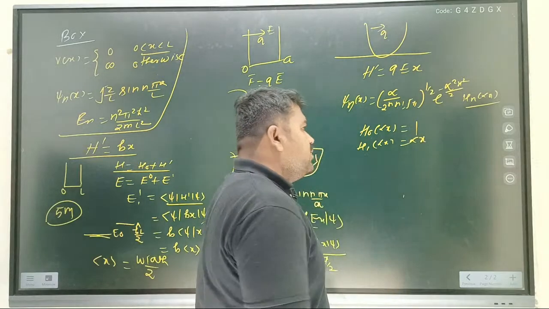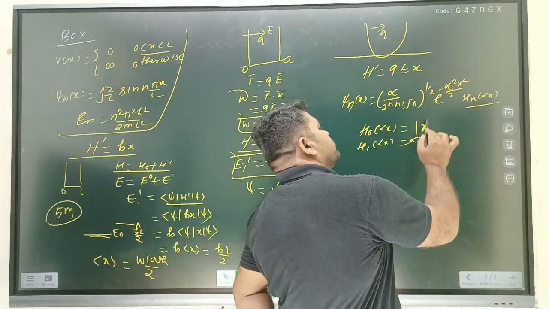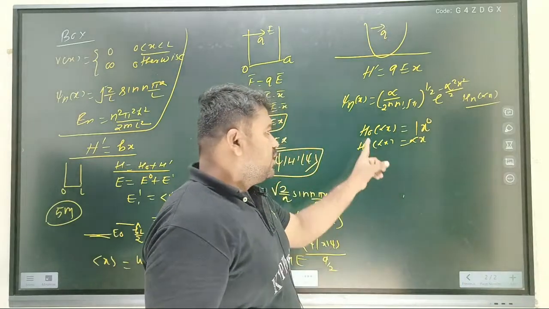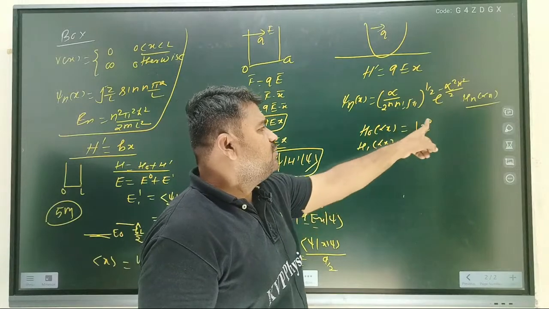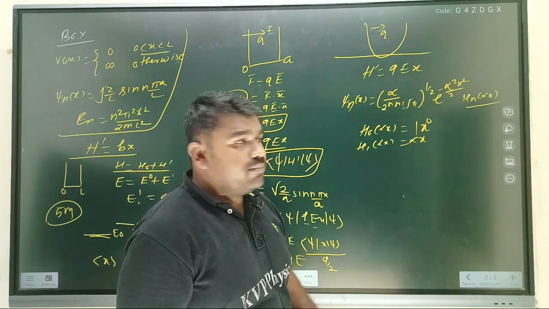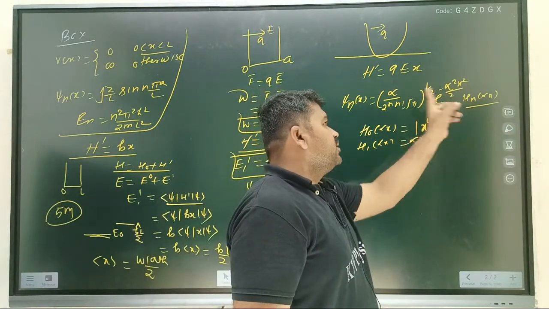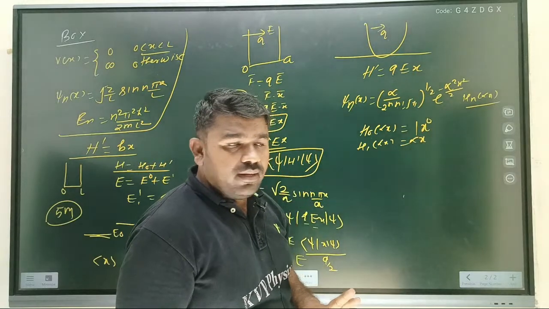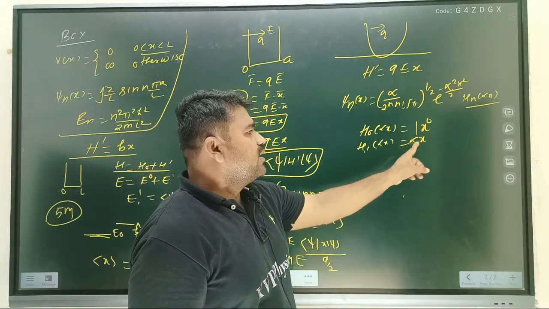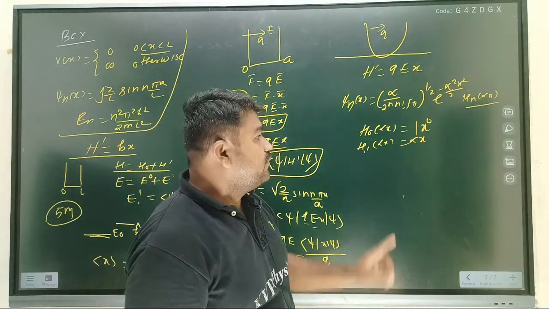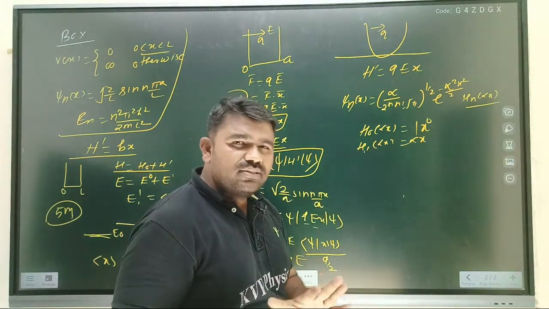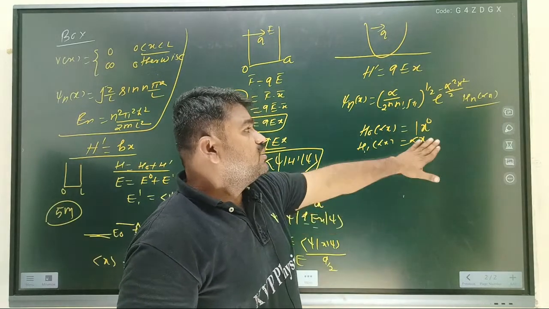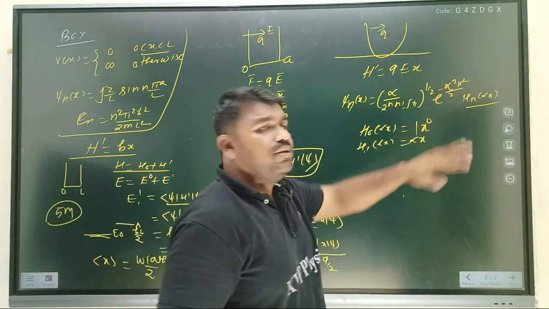Here n is equal to 0, x to the power 0, so n is even and the Hermite polynomial is even. Even into even is even. Clear? Second one, H1 of alpha x. One is an odd number, then alpha x to the power odd is also an odd function. Clear? Means this Hermite polynomial is odd, odd into even is odd.